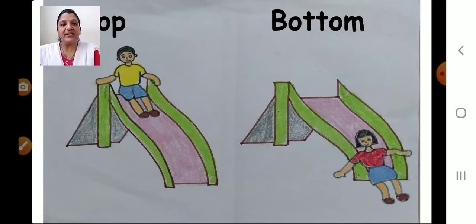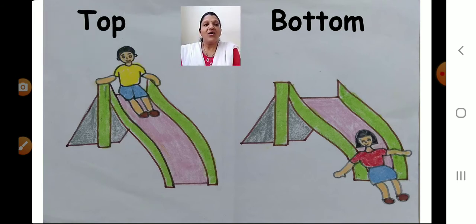Let us see next picture. Oh, look, what is it? The children are playing slides. Do you like to play slides in the garden? Yes. Now in the left side picture, a boy is sitting on the slide. But what is his position? Correct, at the top of the slide. The boy is sitting on the top of the slide.